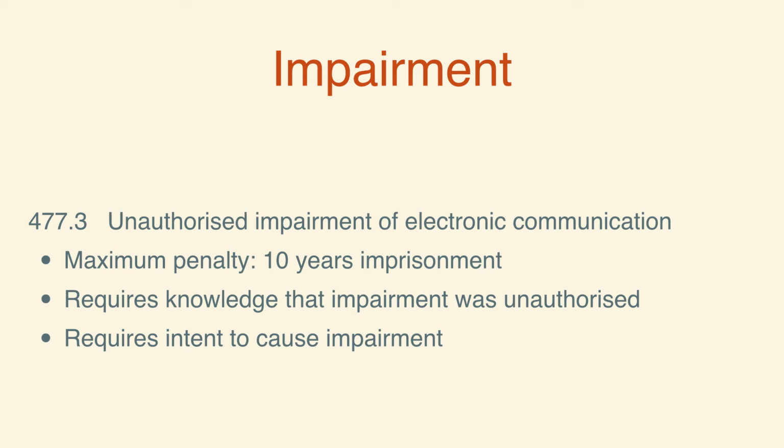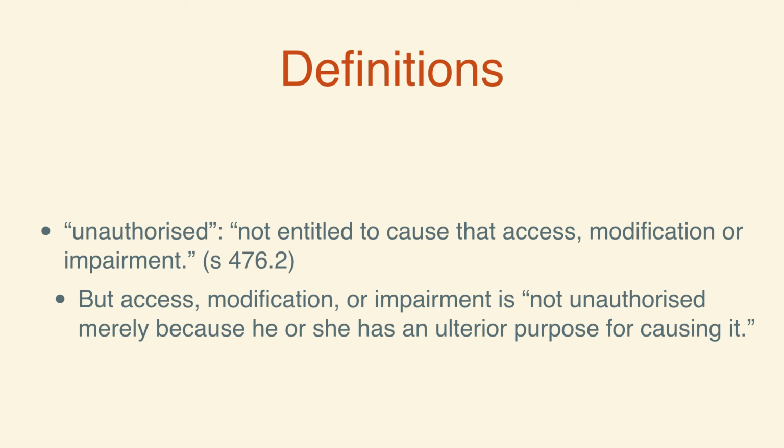For all of these provisions, unauthorized means that a person is not entitled to access, modify, or impair access to a system. Importantly though, just because someone has an ulterior purpose for accessing or impairing communications does not mean that they are unauthorized.